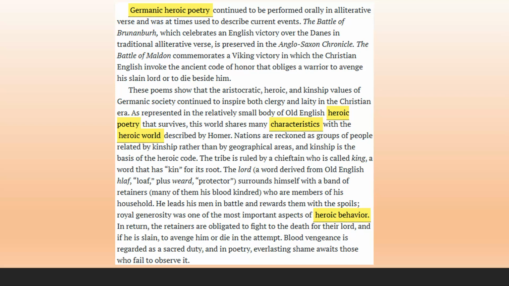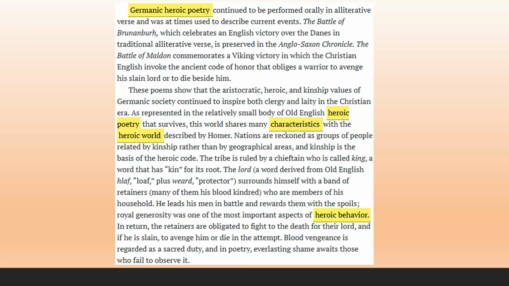Some of this material is not helpful. For example, the tribe is ruled by a chieftain who is called king, a word that has kin for its root. The Lord, a word derived from Old English, hlaf, loaf, plus weard, protector, right? That's not that important. However, what follows that, surrounds himself with a band of retainers. That might be important. Members of the household, maybe not.